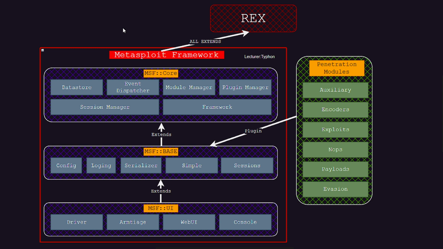One of its primary functions is handling core operations like socket management. It's responsible for setting up network connections, managing sockets for data transfer, and ensuring the smooth flow of information between different components. Rex also plays a pivotal role in data formatting, and it transforms data into a format that is understandable and usable by various modules and components within Metasploit.